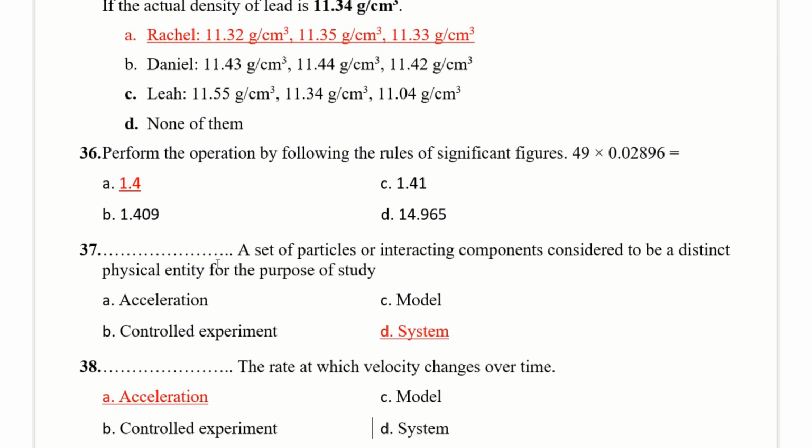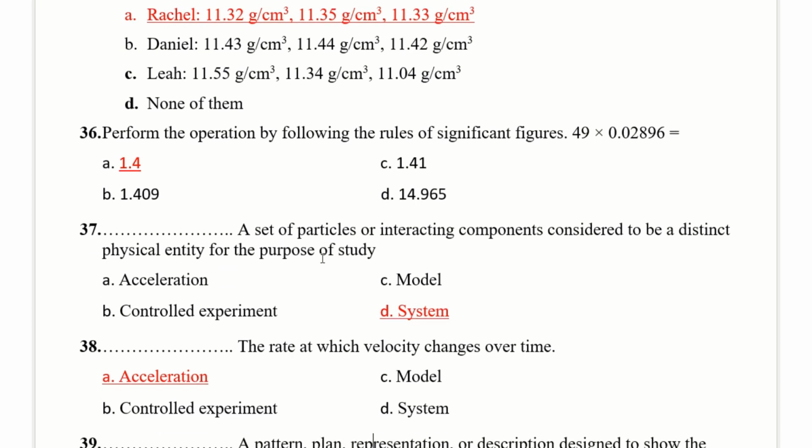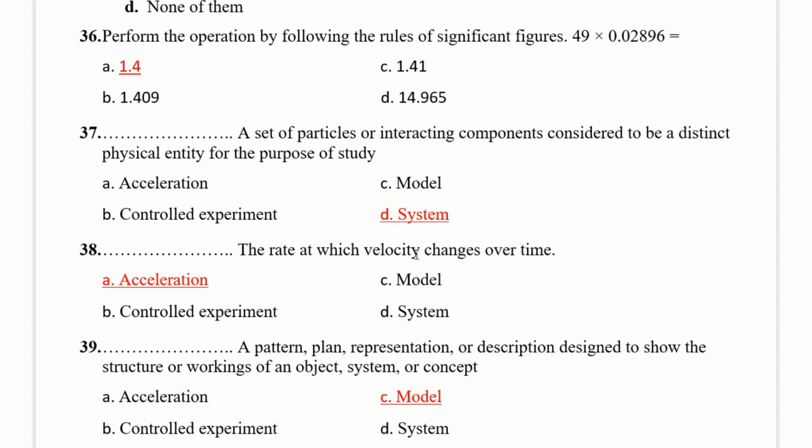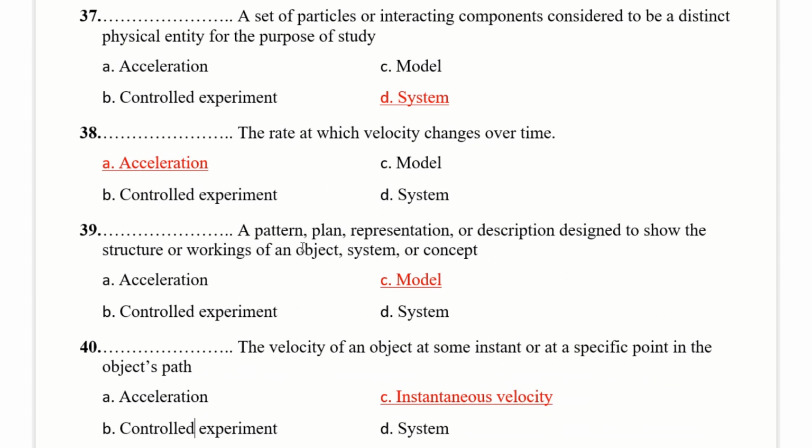Okay, 37. These are definitions. A set of particles or interacting components considered to be a distinct physical entity for the purpose of study. This is a system, a set of particles that interact together. The rate at which velocity changes over time. So velocity over time is what? Acceleration. Easy. The next one, a pattern or plan or representation or description designed to show the structure or workings of an object, system, or concept.